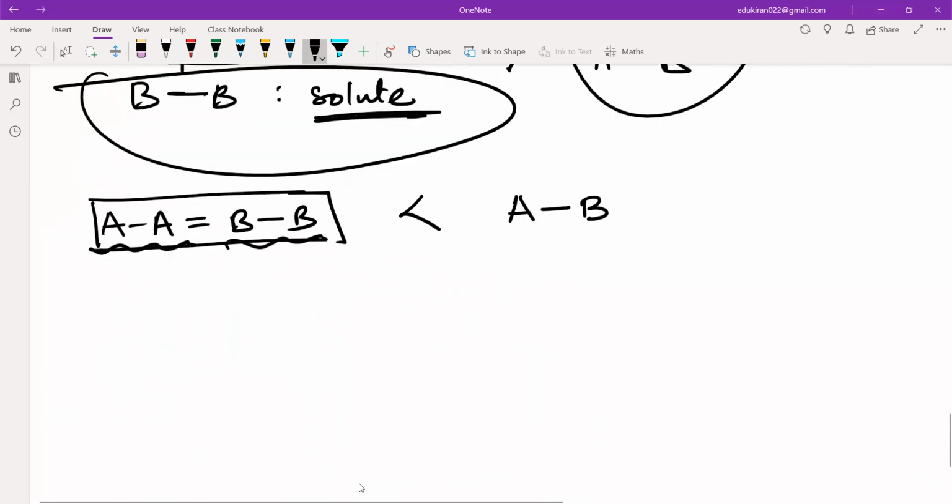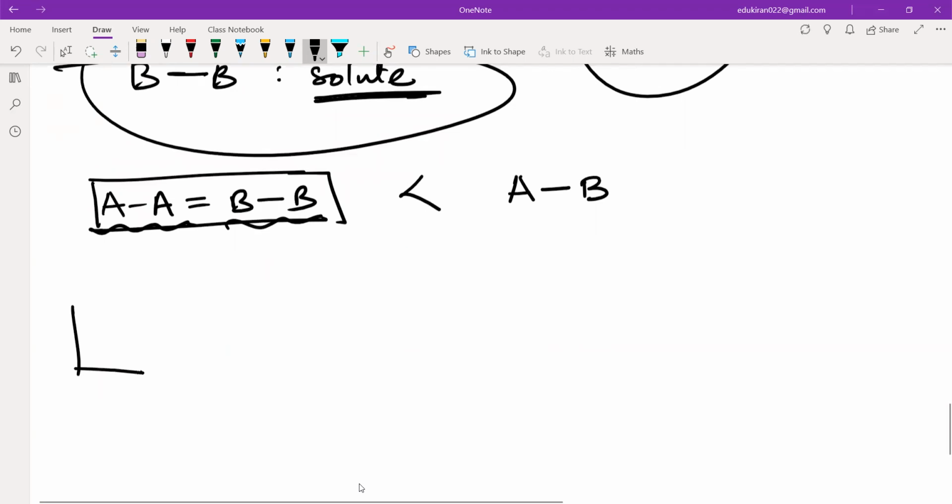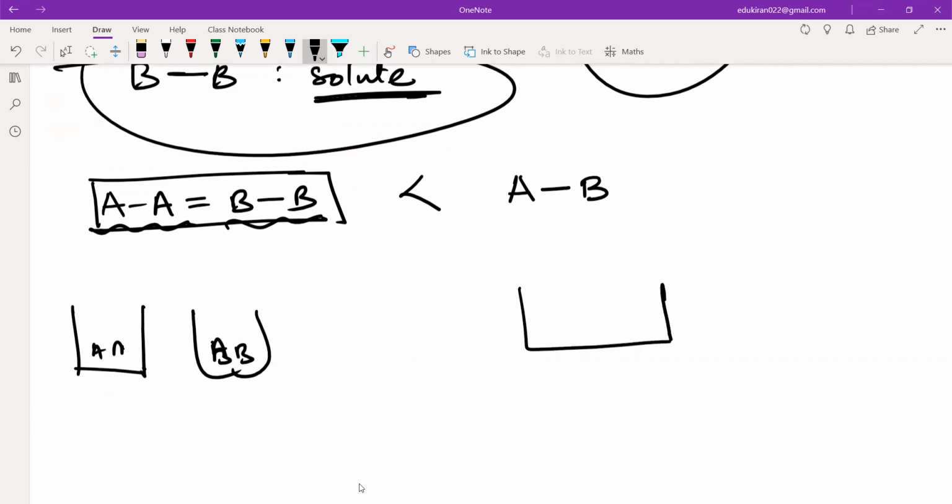Then what is going to happen? Now you tell me. Here we are having AA, and in the other container we are having BB, and here we are having AB. Now, since the intermolecular force of attraction is higher, will the AB particles evaporate easily? Yes or no? If the intermolecular force of attraction is higher, then they are attracted to each other.